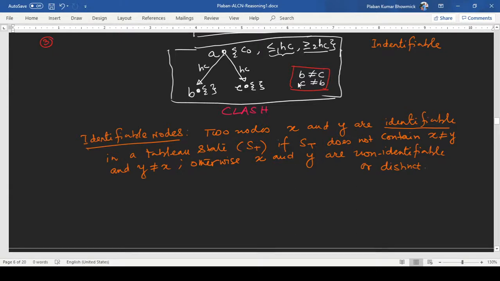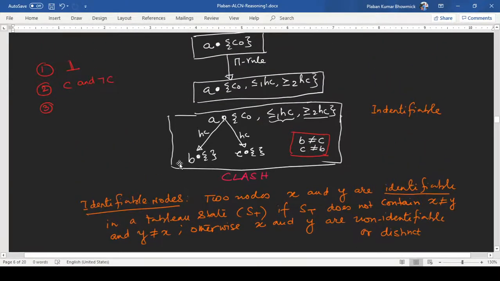So my new class condition, the third class condition, would be: if you have the expression less than or equal to n r and x is a member of this, and x has n plus 1 r successors.